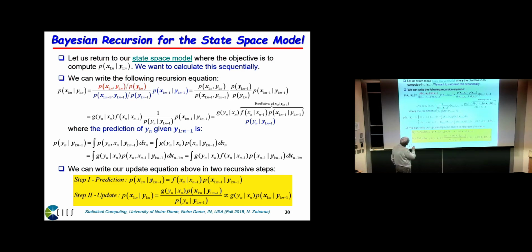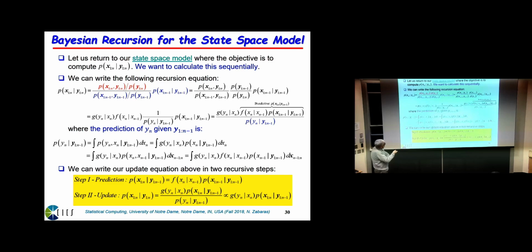Where do I get now this term? Look at this ratio and tell me, is this the same as that? Again, product rule. Can you write this probability of y 1 to n as the probability of yn, comma, y 1 to n minus 1?